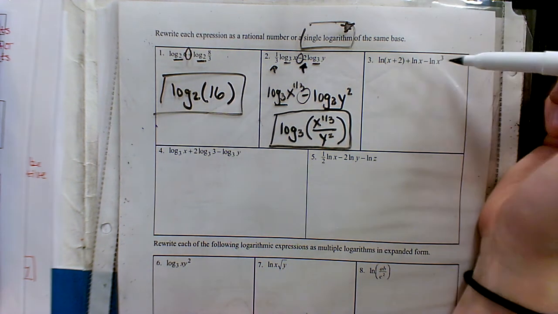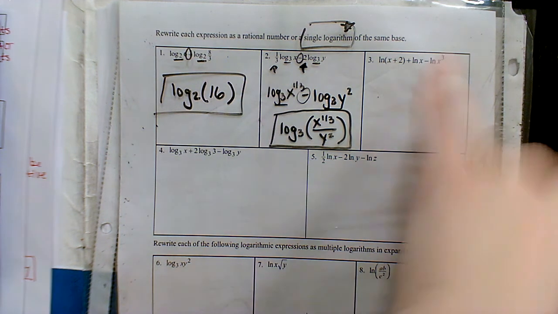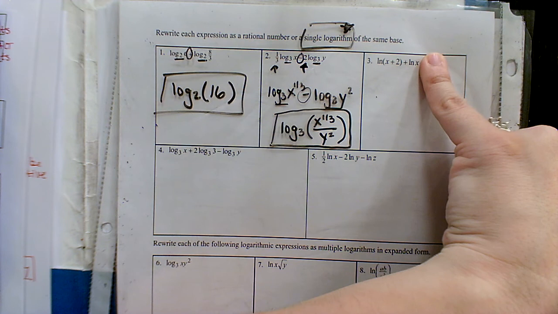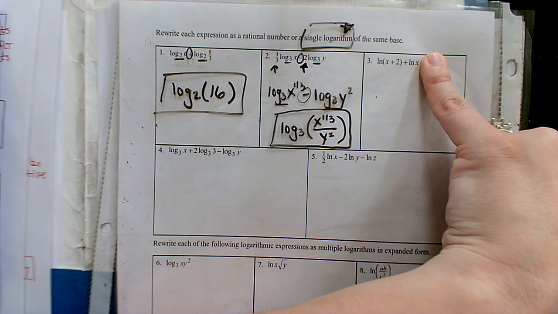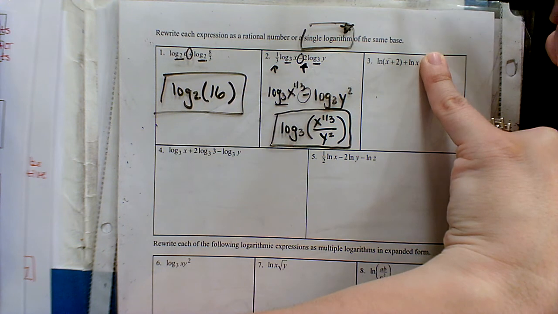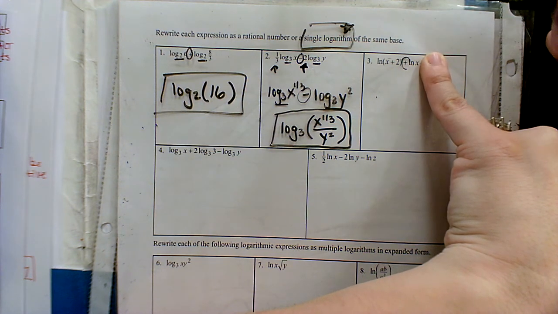Let's see if we can step it up a bit. Maybe we can do 3 logs. If that's a little overwhelming for you, maybe just for now ignore the last log and work in baby steps. So if I just take a look at these 2 logs, they're both natural logs, which means they have the same base, and I'm adding them together.